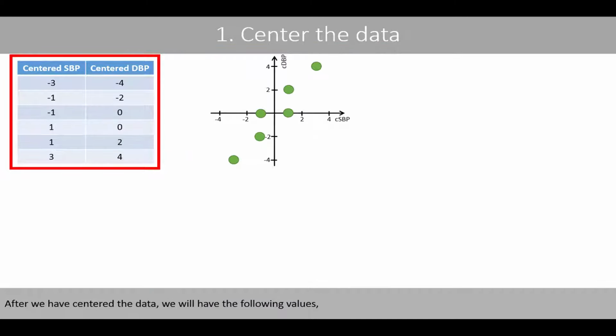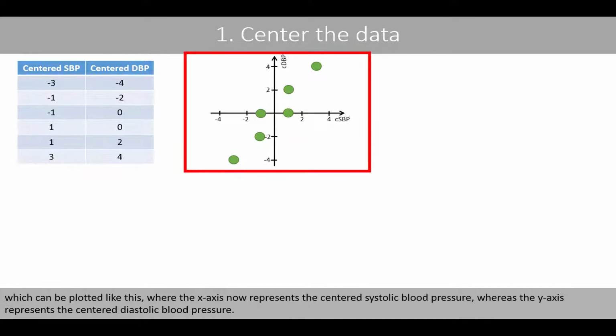After we have centered the data, we'll have the following values, which can be plotted like this, where the x-axis now represents the centered systolic blood pressure, whereas the y-axis represents the centered diastolic blood pressure.